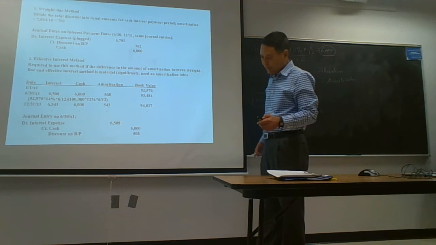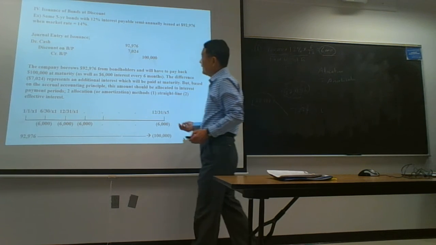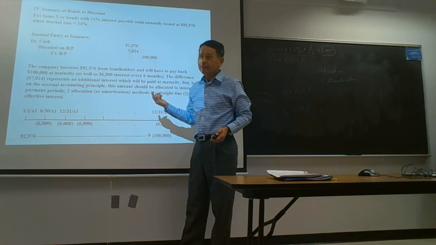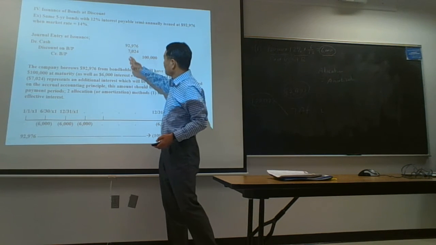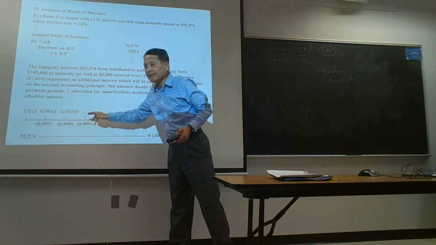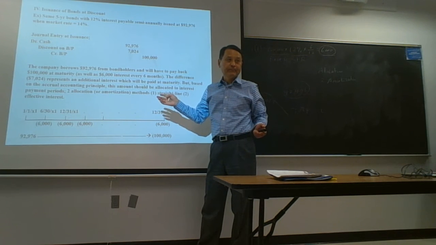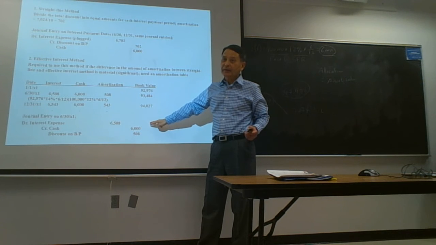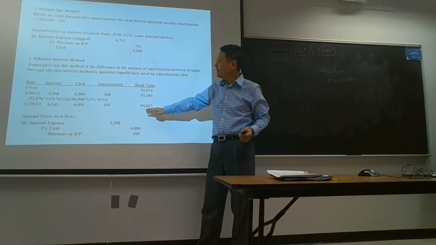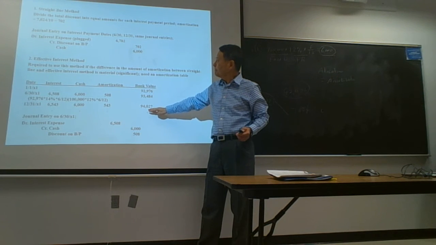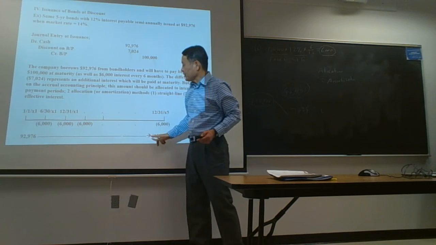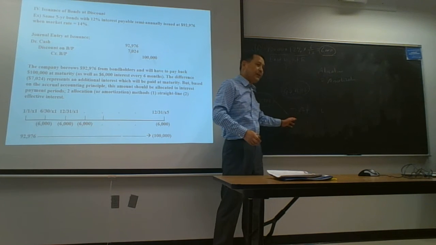So we are talking about how to amortize or allocate the amount of total discount to each of these interest payments here. Two different accounting methods, equally and unequally: straight line and effective interest. And discount represents additional interest, as I explained down here.